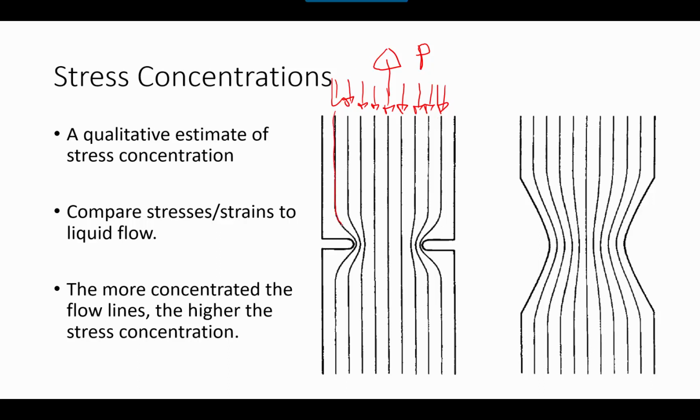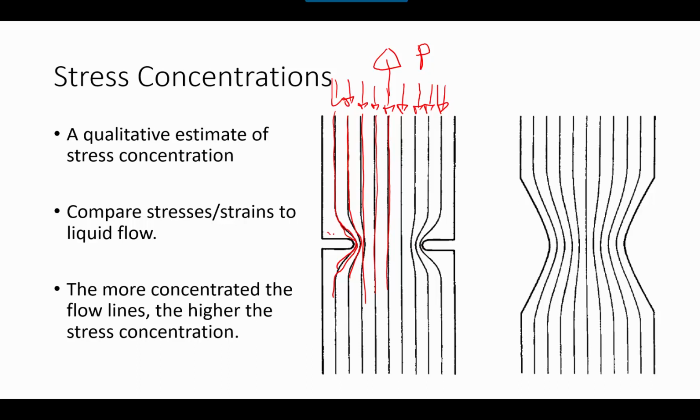As we say that this is a uniform flow, we could conceptualize very easily that as this fluid flows down the pipe, which becomes what this specimen is, it must concentrate as it moves through a reduced cross-sectional area to this reduced neck section, right?